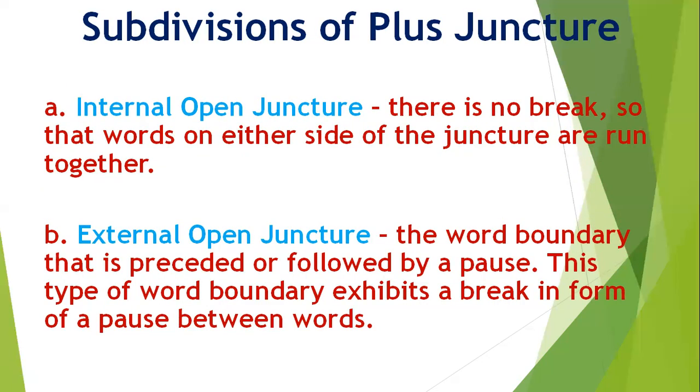Number one, we have internal open juncture, and then we have external open juncture. For internal open juncture, there is no break, so that words on either side of the juncture are run together. And for external open juncture, the word boundary is preceded or followed by a pause, and this type of word boundary exhibits a break in the form of a pause between words.